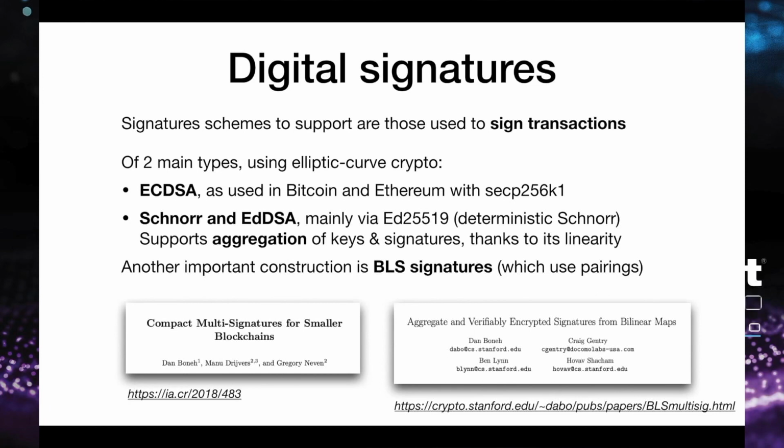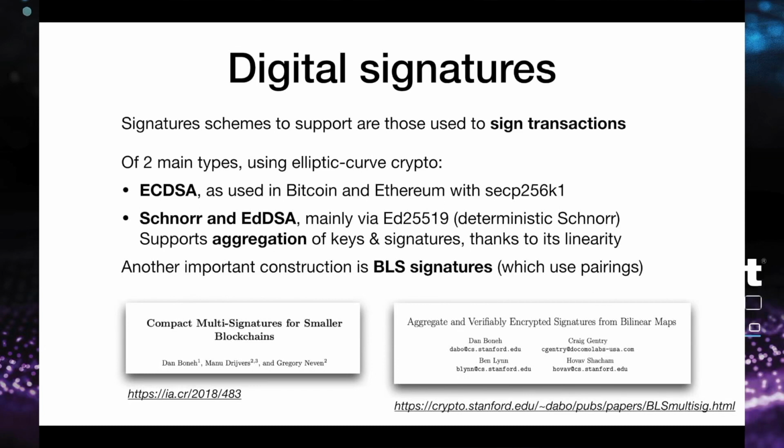And now you find EdDSA and Ed25519, which are signatures based on the Schnorr signing paradigm, which is slightly different and has the benefit of not using a nonce, not using a unique number per signature, which avoids some classes of attacks. And it also makes aggregation of keys and signatures easier, which is quite convenient when you do threshold signatures.